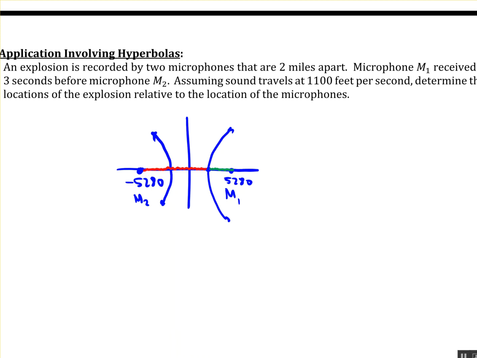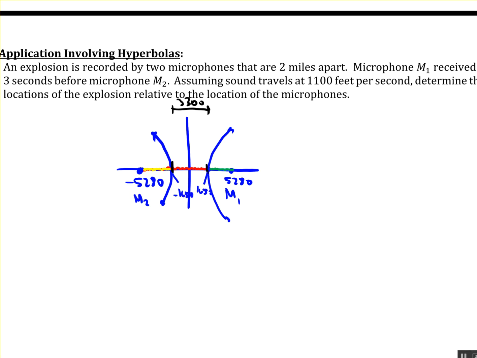The red must be 3,300 feet longer than the green. So notice the green is the same length as this portion right here, right? They're symmetrical. So if that's the same length and the red is 3,300 feet longer than the green, that tells me the stuff in between, from there to there, that distance must be 3,300 feet. So using that tells me this vertex must be at half of 3,300, so 1,650 feet. So that point right there must be 1,650, and that point right there must be negative 1,650.